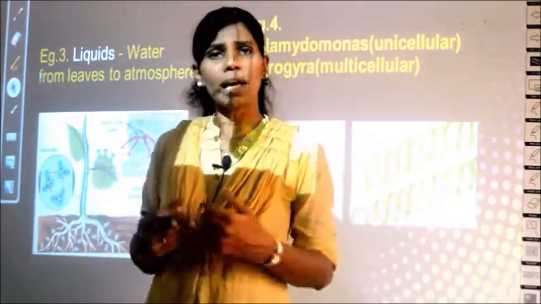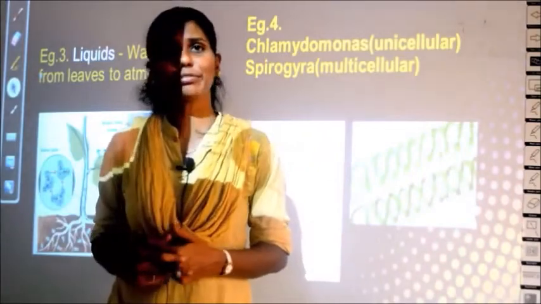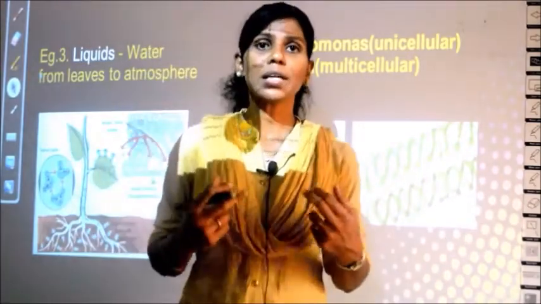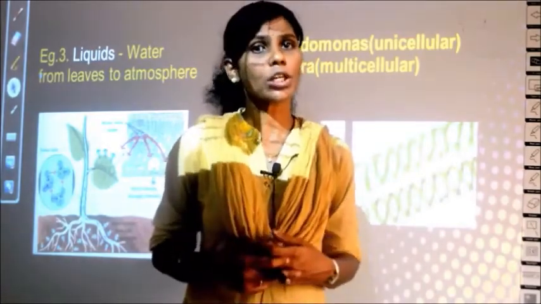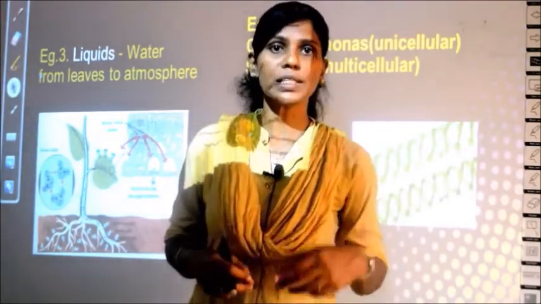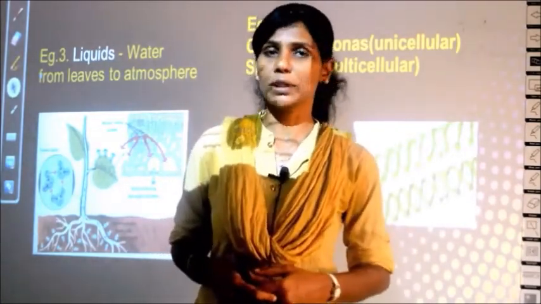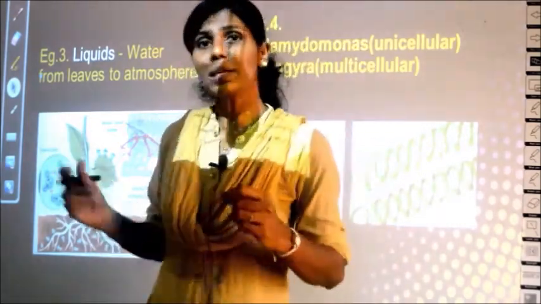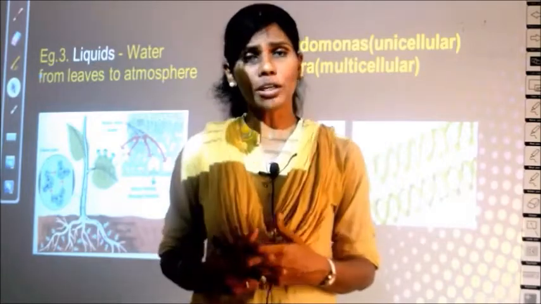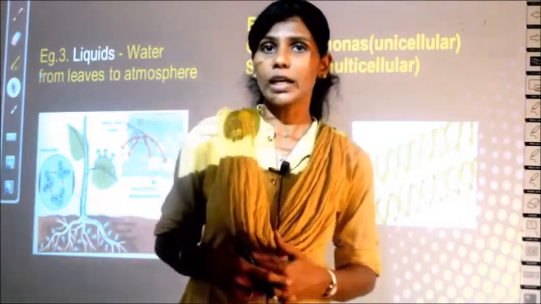So how do you call this diffusion? Because of the water you pour to the plants, 99% will be lost to the atmosphere. Here, water inside the leaf has more water molecules when compared to the atmosphere.